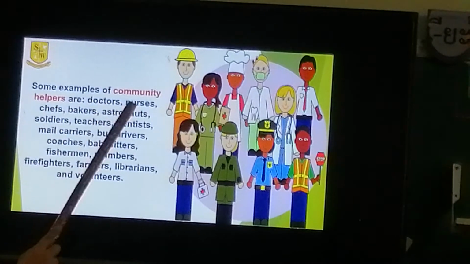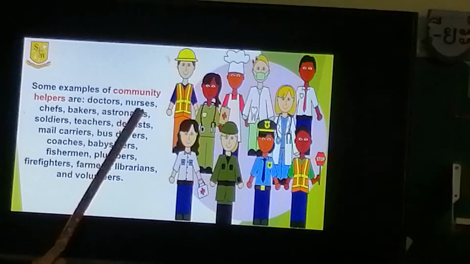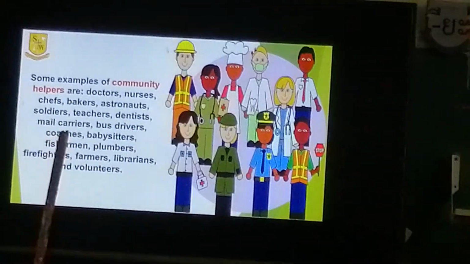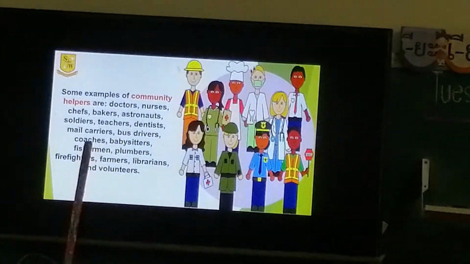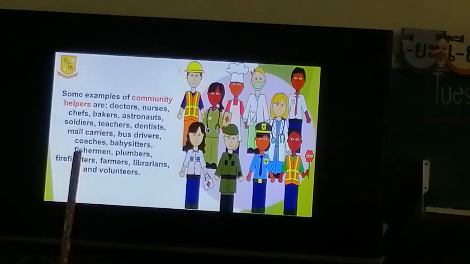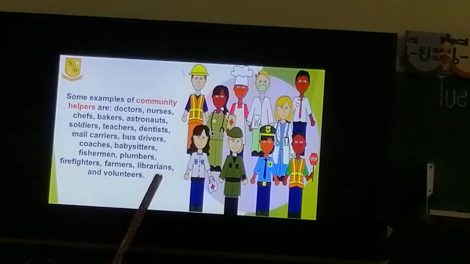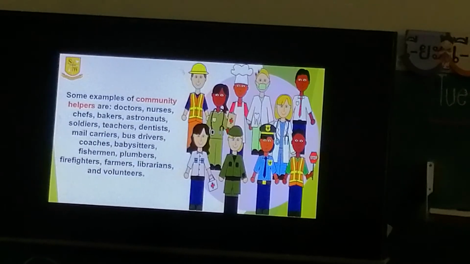Some examples of community helpers are doctors, nurses, chefs, bakers, astronauts, soldiers, teachers, dentists, mail carriers, bus drivers, coaches, babysitters, fishermen, plumbers, firefighters, farmers, librarians, and volunteers. Okay, so that's all about government services.